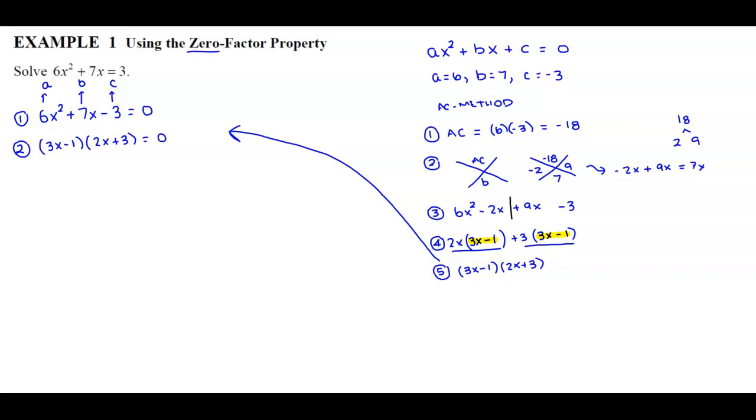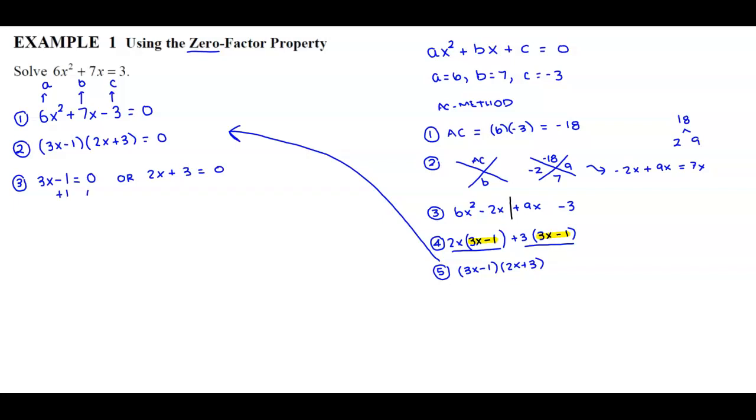Now we're going to use the zero factor property because we have two things that we're multiplying together that are going to equal 0. And because it's equal to 0, now we can set this up saying that the first binomial, which is 3x minus 1, is going to equal 0. And then the OR statement, and then 2x plus 3 equals 0. And now we're going to solve both equations for x.